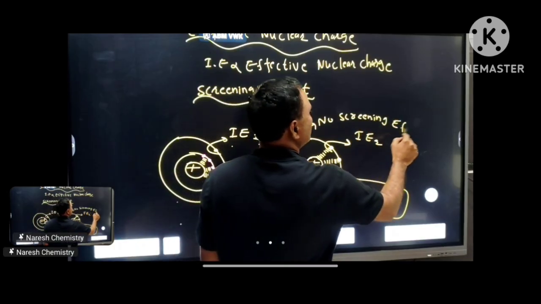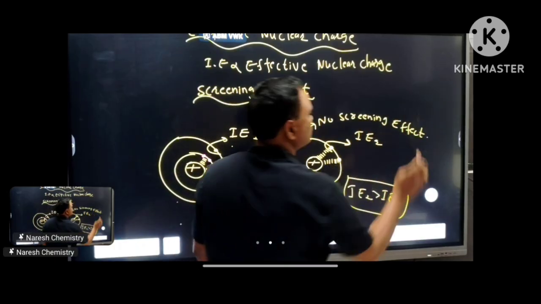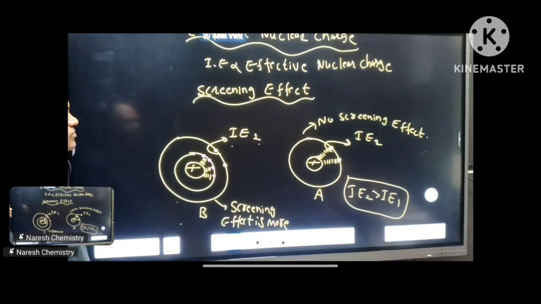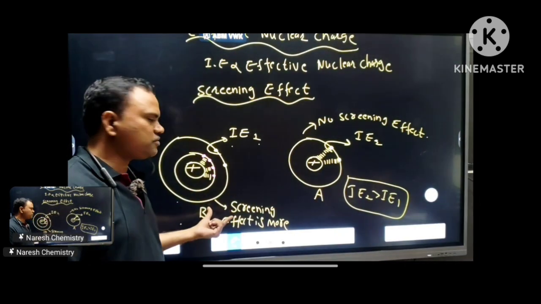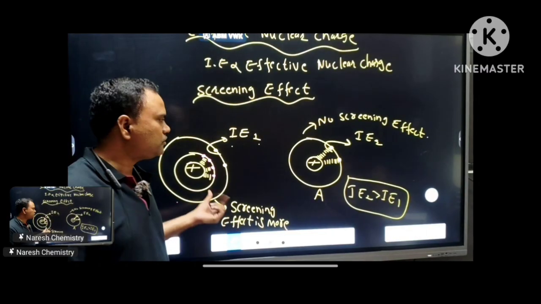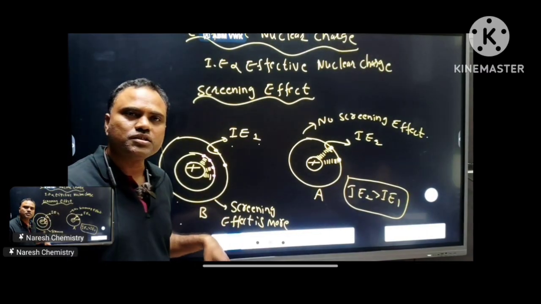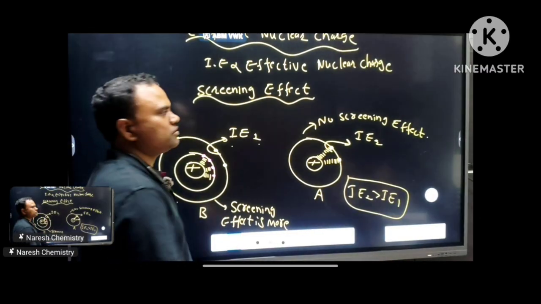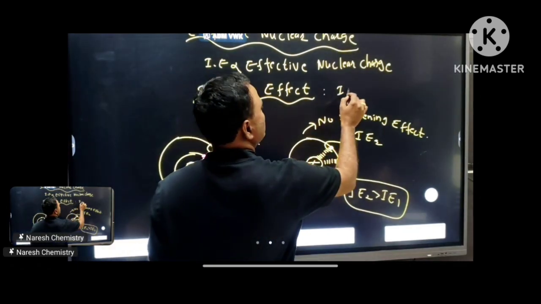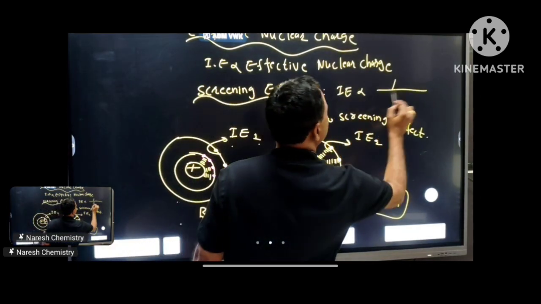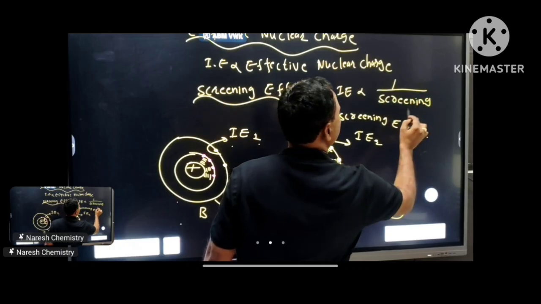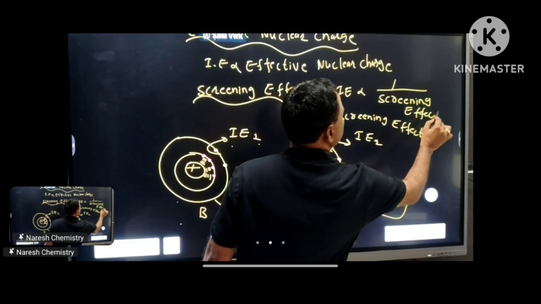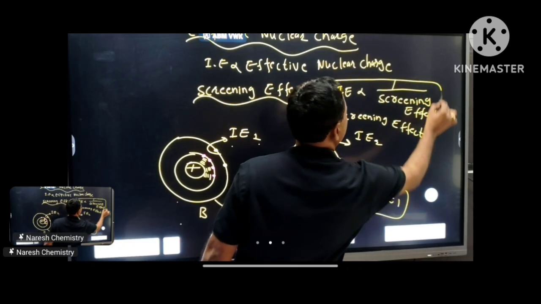If screening effect is more, then ionization energy is less. So it is an inverse relation. Ionization energy is inversely proportional to screening effect. So I revised the periodic table concepts also.